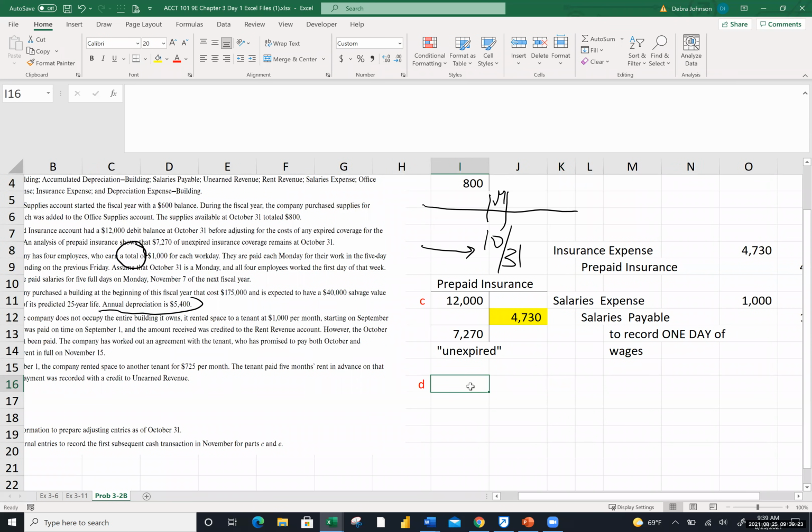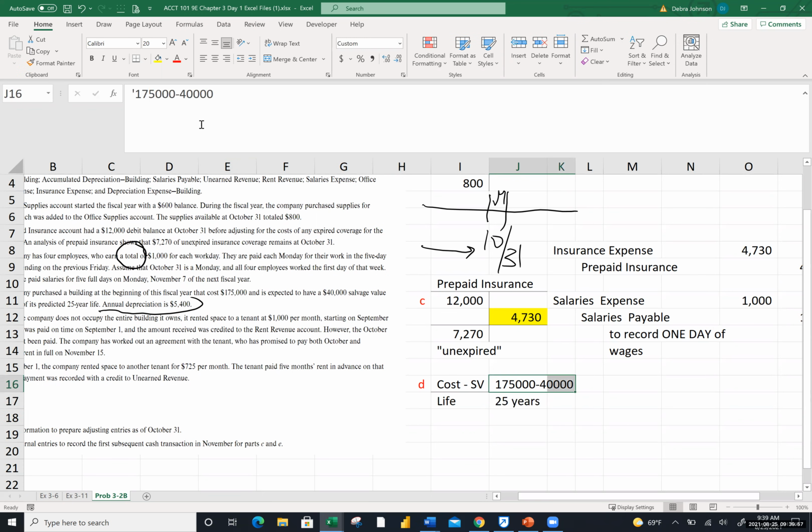If he did not give us that amount, I want to make sure you guys can calculate it. We would take cost minus the salvage value, and we would divide by the life. So even though he gave it to us, I just want to use this time to make sure that you guys know how to compute depreciation using straight line. So this is what it would look like. 175,000 less 40,000 divided by 25 years.